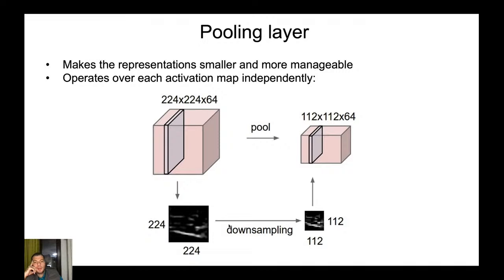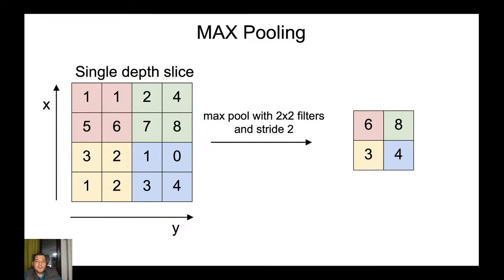Usually we want to keep the highest activations. So typically we apply max pooling, but there are also other operations that can be applied, like average pooling and so on.